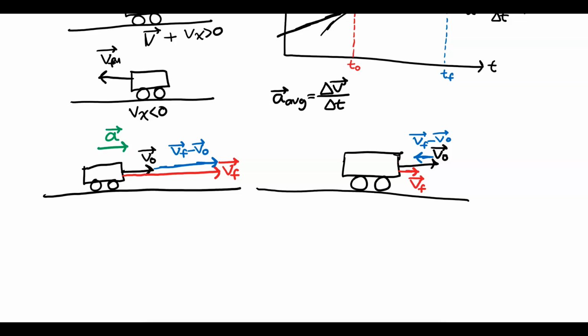And because time's positive, we have the acceleration pointing to the left as well. So if a car is moving to the right, the acceleration sort of tugs on the car, pulling on it, trying to make it stop. And eventually, when it does stop, and the acceleration continues, then it will start heading toward the left.